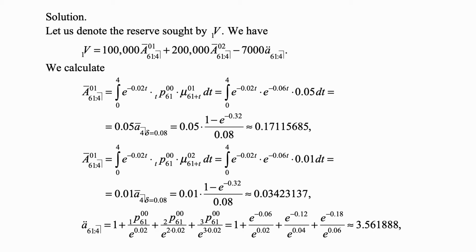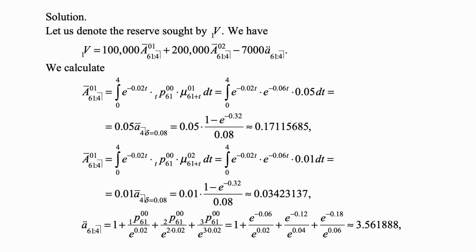The benefits for death from cause 1, $100,000, are paid as insurance over 4 years on a 61-year-old, and it's for transition from state 0 to state 1, or death from cause 1, plus $200,000 for death from cause 2, which is transition from state 0 to state 2, if we call the state of being alive 0, dying from decrement 1 state 1, and dying from decrement 2 state 2. And minus 7,000 times a-double-dot 61 angle 4.